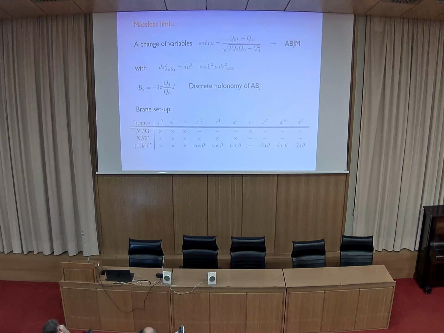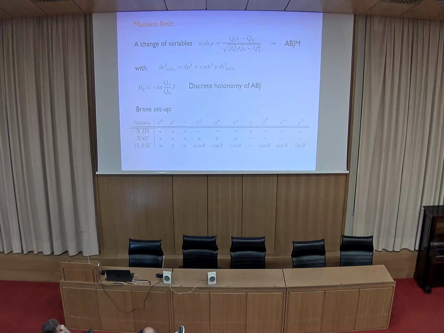You have new NS5 branes. I have put them with a prime because already in the massive solutions that I was discussing, we had NS5 branes located in the R direction. These are new ones that come from the T-duality on the KK monopoles that you have in your geometry. These are located in psi. And then you also have a bound state of an NS5 prime and the D5 branes that come from the D6 branes you had before the T-duality.